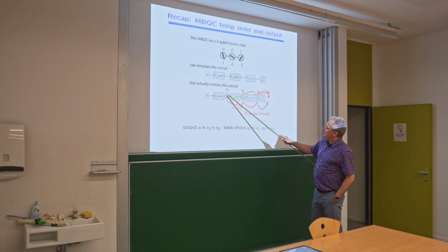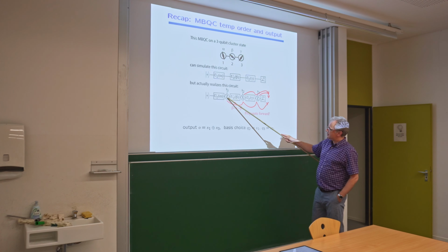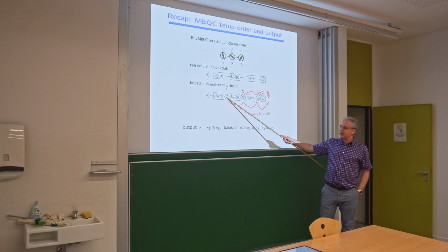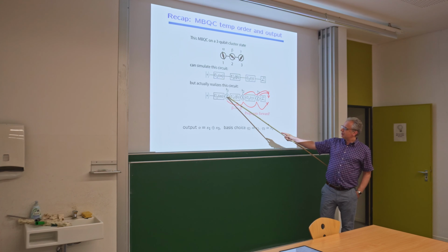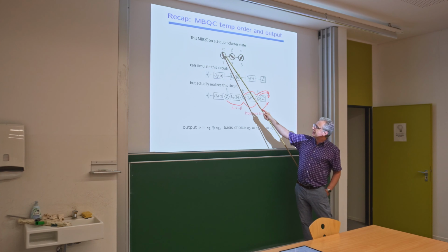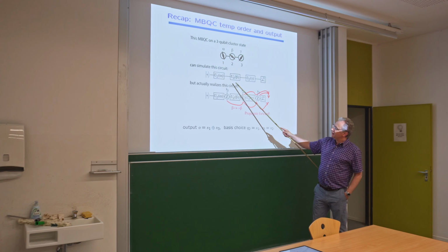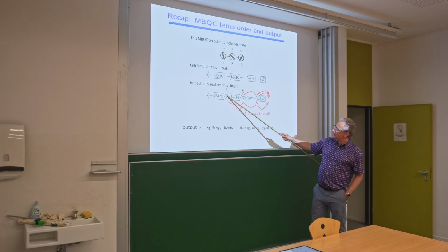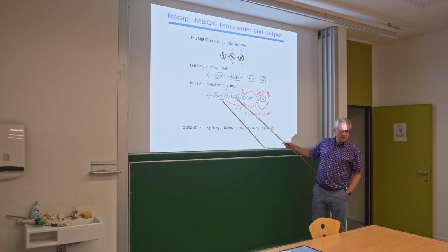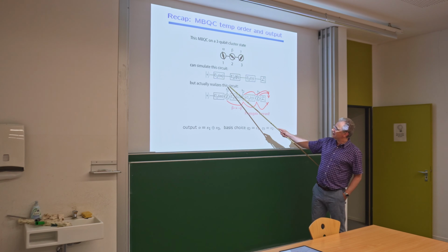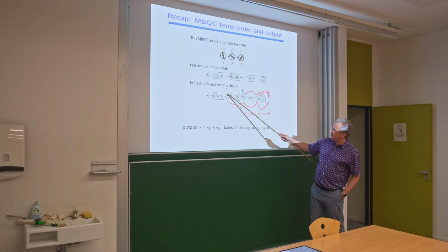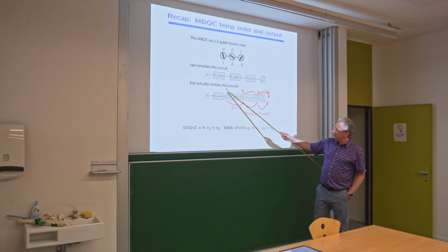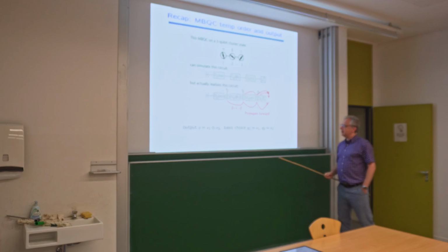And then you have these, what we call byproducts, this random stuff, the stuff that is controlled by the measurement outcomes. So here we have an outcome, and depending on what it is, eigenvalue plus or minus 1, you have an additional Pauli Z here or not. You can't choose what you have, but you learn afterwards. So this thing is there when the eigenvalue measured was negative, was minus 1.